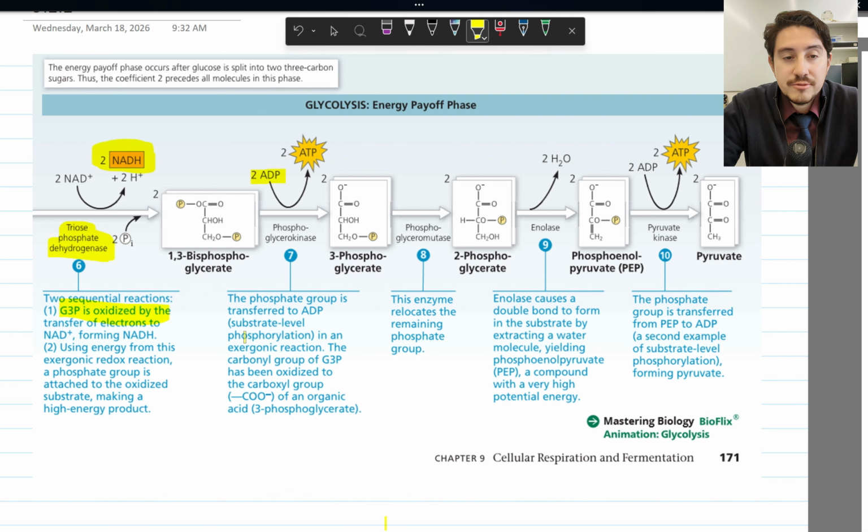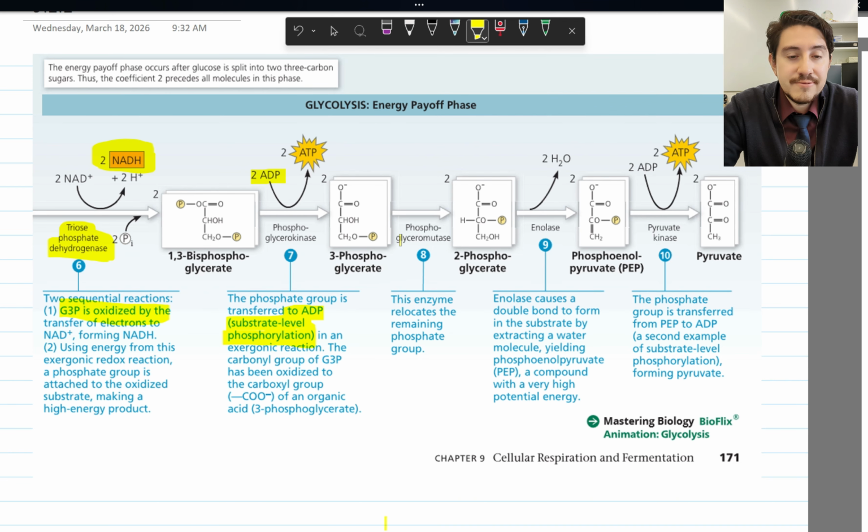Then you'll have your first ATP being produced. The phosphate group is transferred to ADP, and it is important to note that you are producing ATP by substrate-level phosphorylation, not the electron transport chain, substrate-level phosphorylation. So the enzymes are working here to produce ATP.